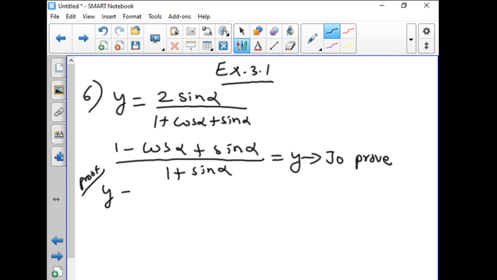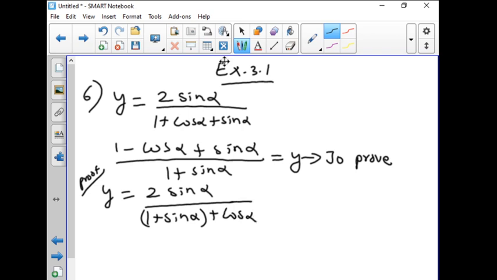Y we can also write as 2 sin alpha by, writing in order, 1 plus sin alpha plus cos alpha. Okay, we are changing just the order because of what we have to prove. To prove, see the denominator, we have 1 plus sin alpha.